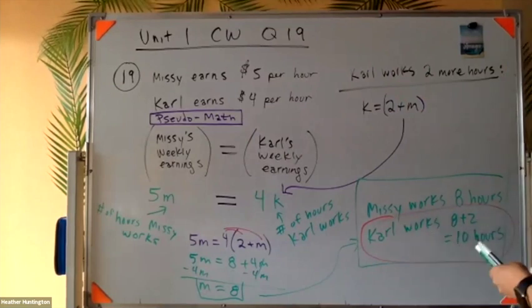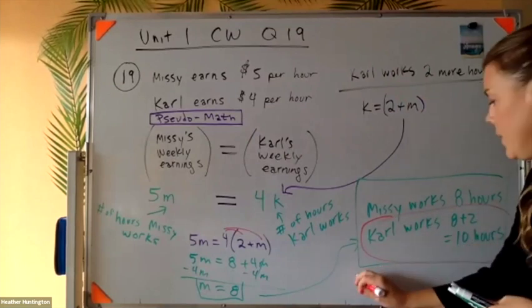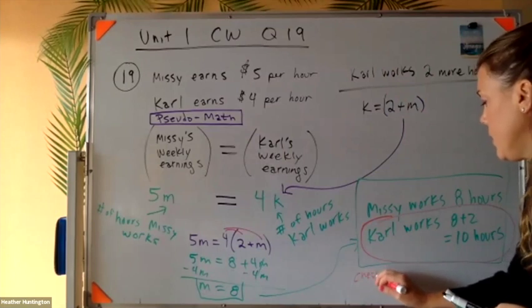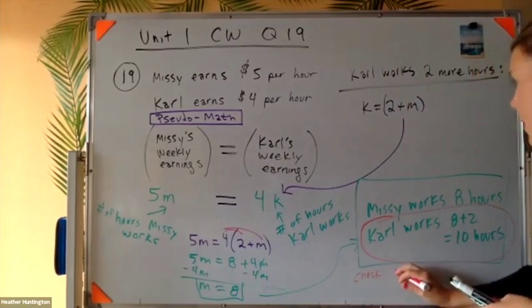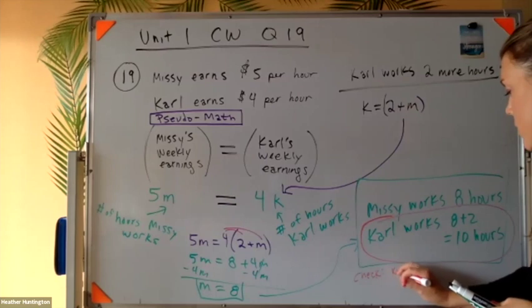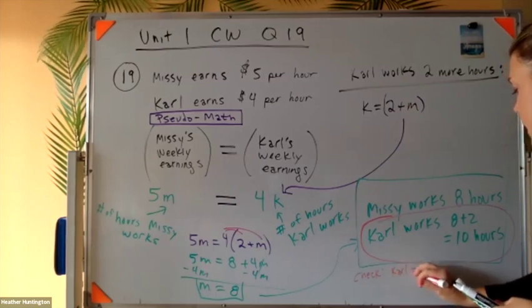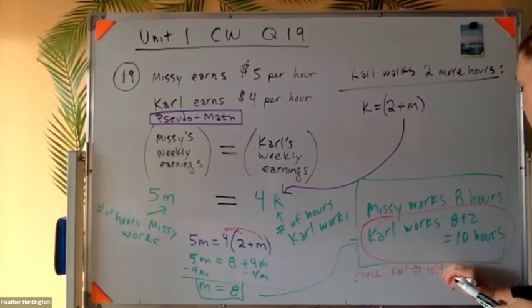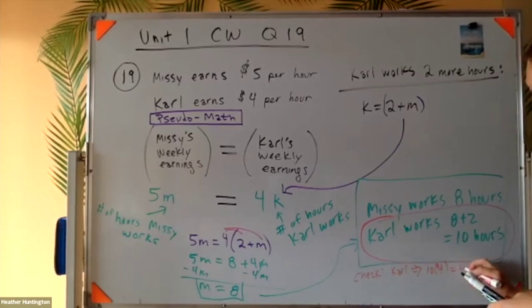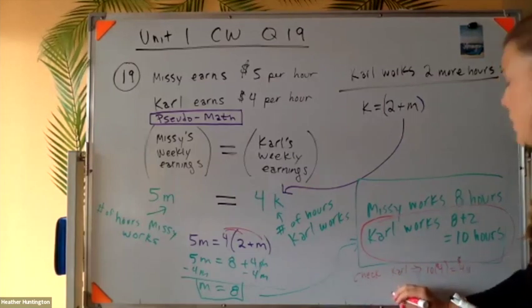Okay, can we check our work? Yes. So we have Carl, if he's working 10 hours, that's going to be 10 times $4. That's 40 buckaroos. Okay, that's got to be equal to Missy's.